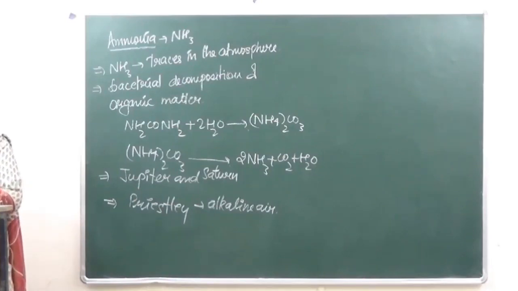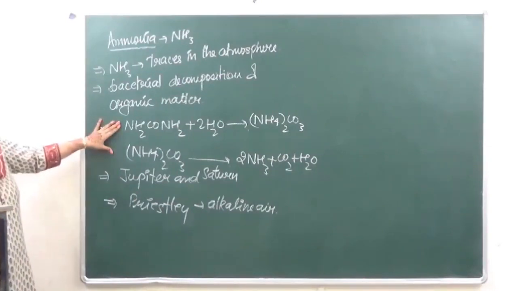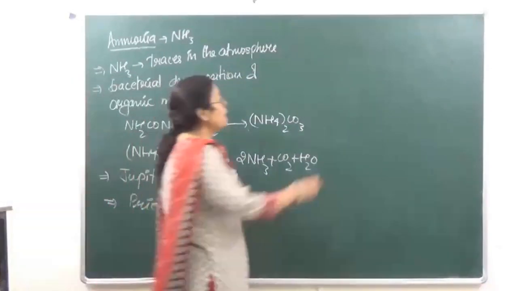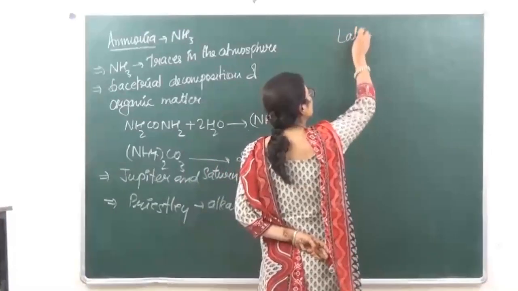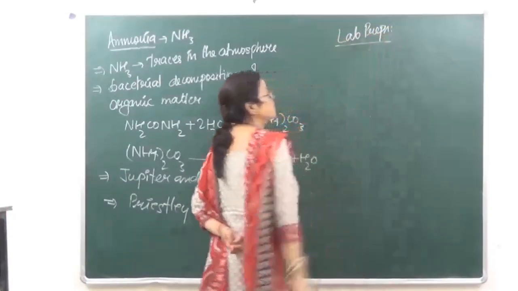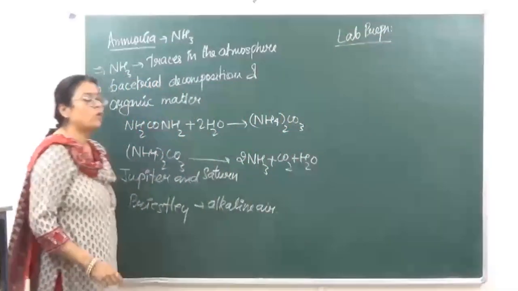When we are going to the preparation, I have already discussed the first method of preparation over here, that is decomposition of urea. Let's go on to the laboratory preparation of ammonia.